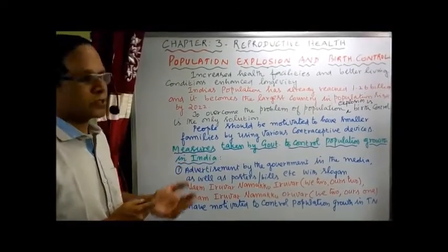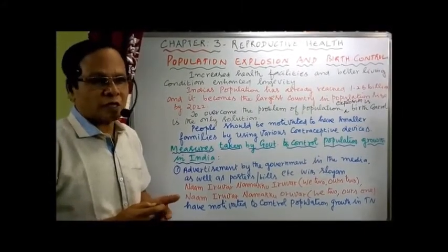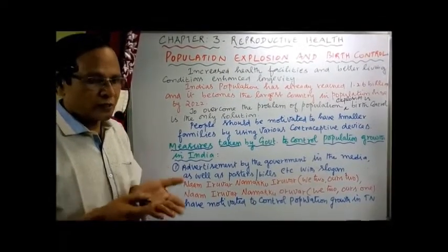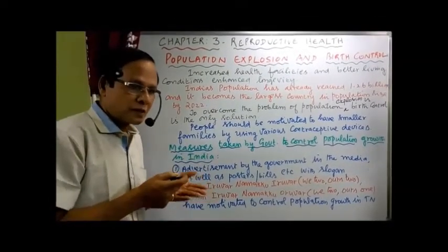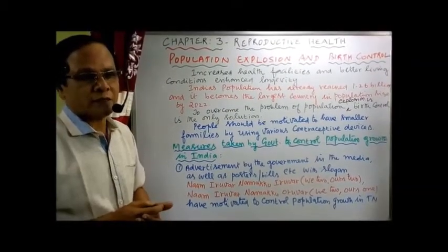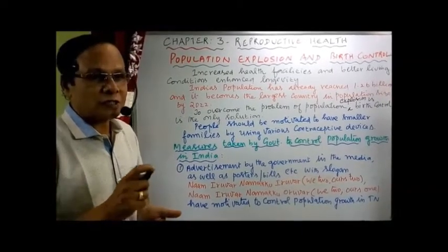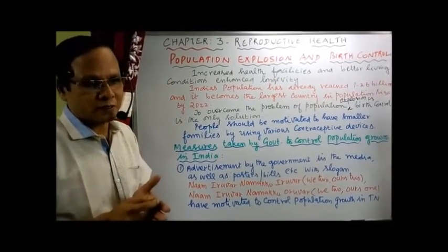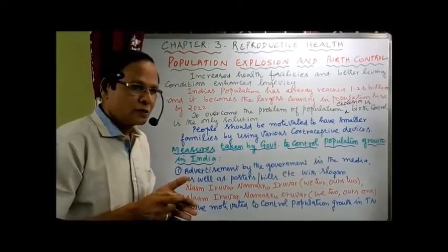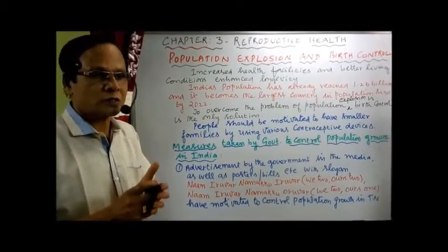And what are the other measures? Now, the marriageable age is rising in the case of females to 18, and in the case of males it is 21. That is statutory, permanent rising of the marriageable ages, about 18 years in the case of female and 21 years in the case of male.